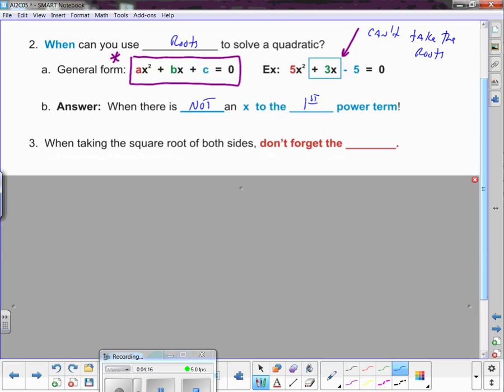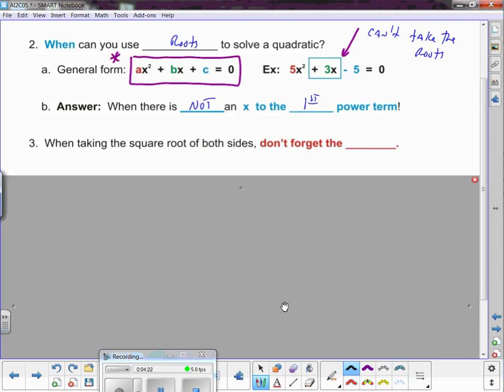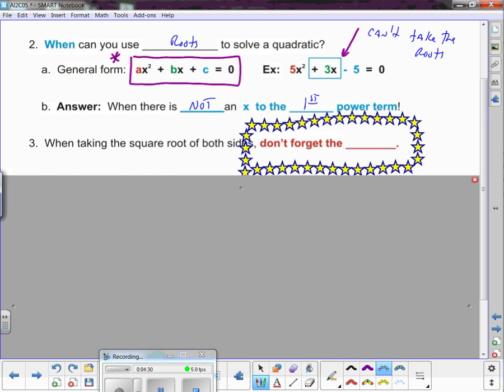I can't tell you how important this next statement is, and I can't tell you how many times people will forget this. So I'm going to put stars around it. And if I could do neon flashing lights, I would do neon flashing lights.